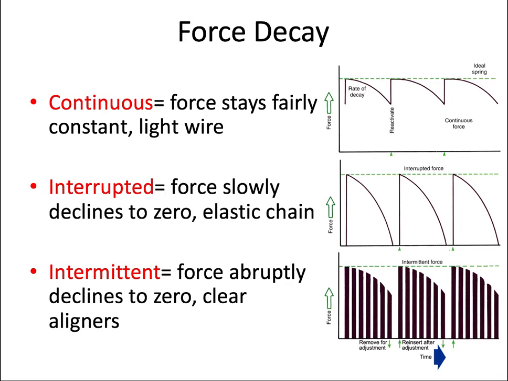Now, interrupted force decays much faster than continuous force, as you can see in these graphs. And mostly that's because of the material composition. Here we were talking about metal, now we're talking about elastomeric rubber, which decays a lot faster and eventually, given enough time, will hit zero force.